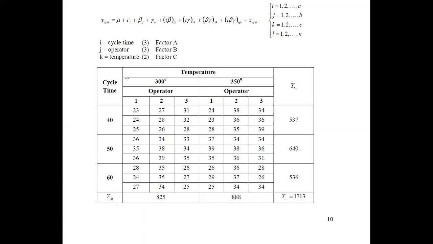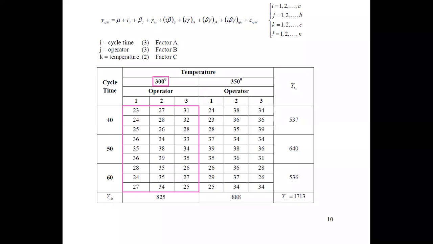If I consider this 300 temperature, this is the set of values that I can see. It goes from this line to this line. There are altogether 27 observations included here. Therefore, the total of these 27 is equal to 825, for this 300 level cluster.